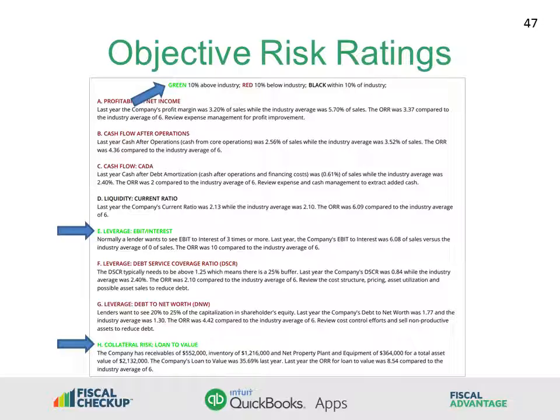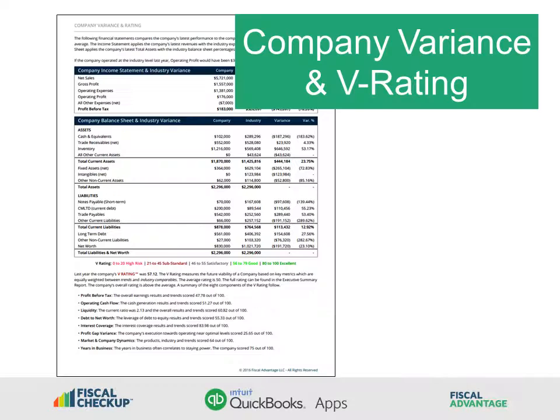For those ratios where the company is more than 10% above the industry, the title of the ratio is in green. For those ratios where the company is more than 10% below the industry, the titles are in red. And for those ratios where the company is within plus or minus 10%, the title is in black.